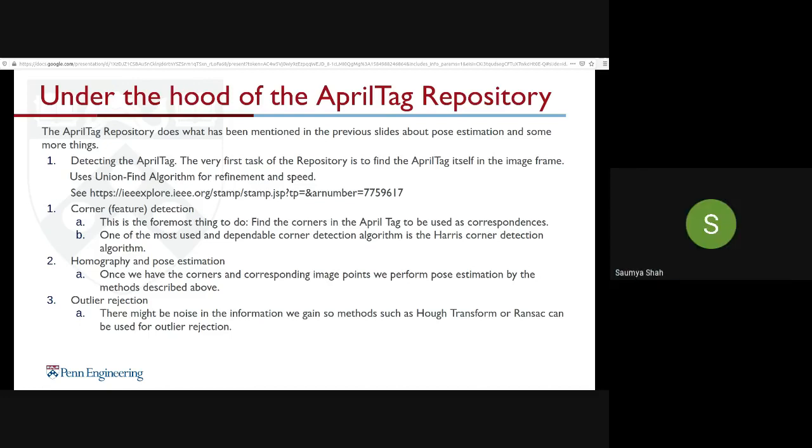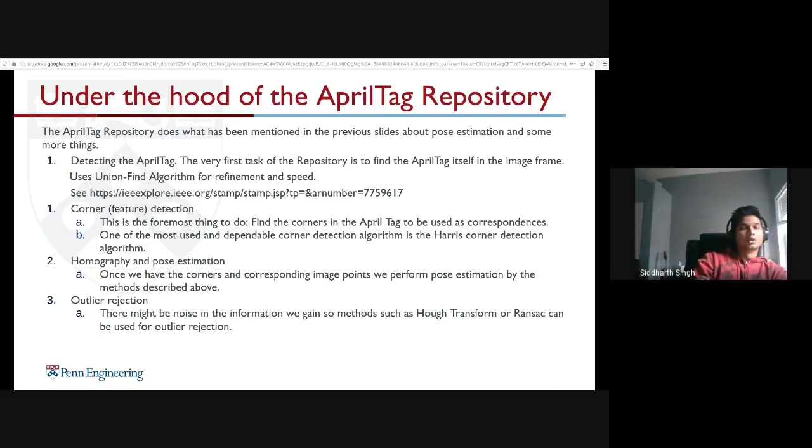I am not very clear with Hough transform. Okay. Hough transform, how do I say this? It's actually more computationally intensive than RANSAC, so very few people use it, and even I'm not very thorough with it.